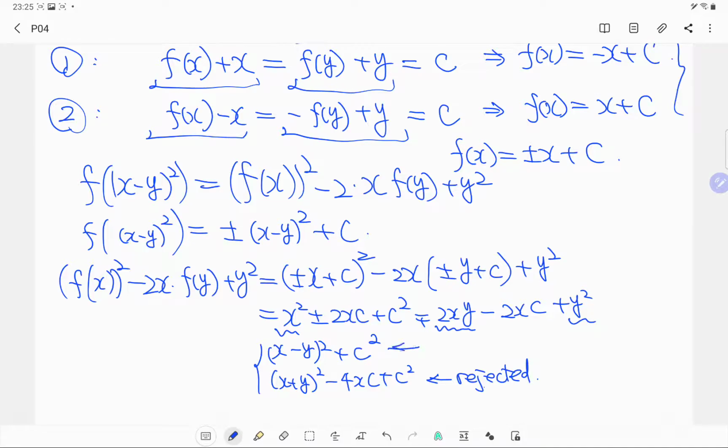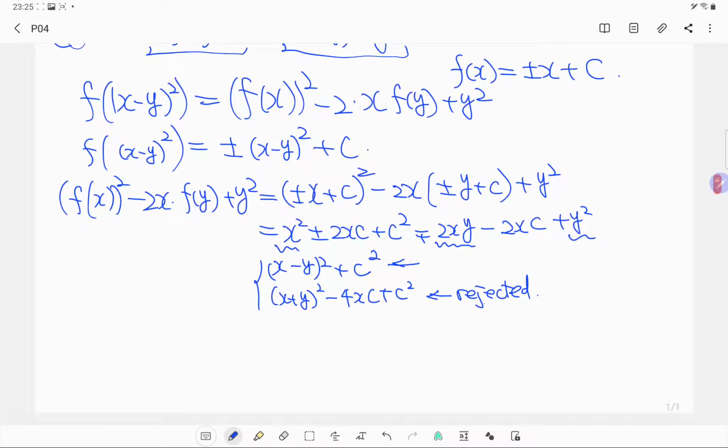And for this one, we should know that c should equal c squared, which means that c should be 0 or 1, which means that only the positive x is okay, so f(x) should be x or x + 1.